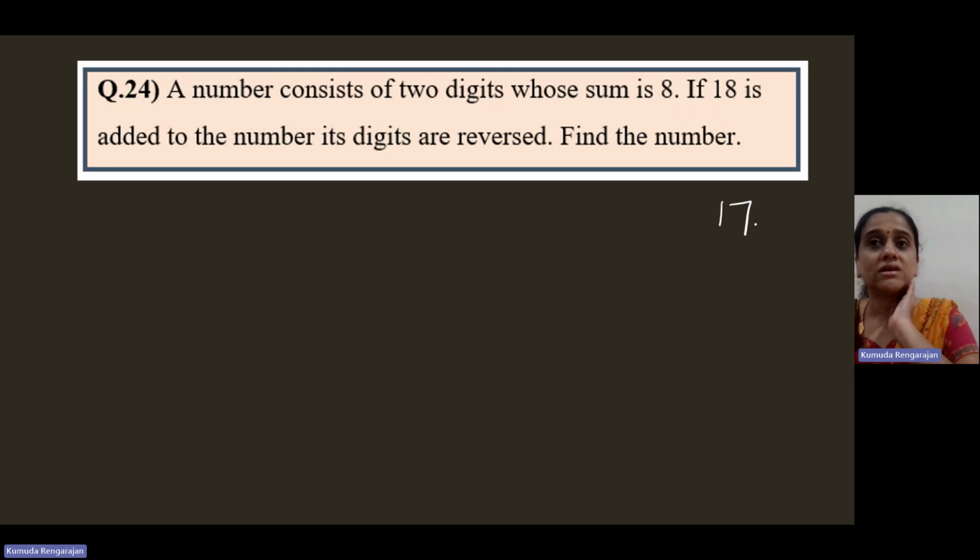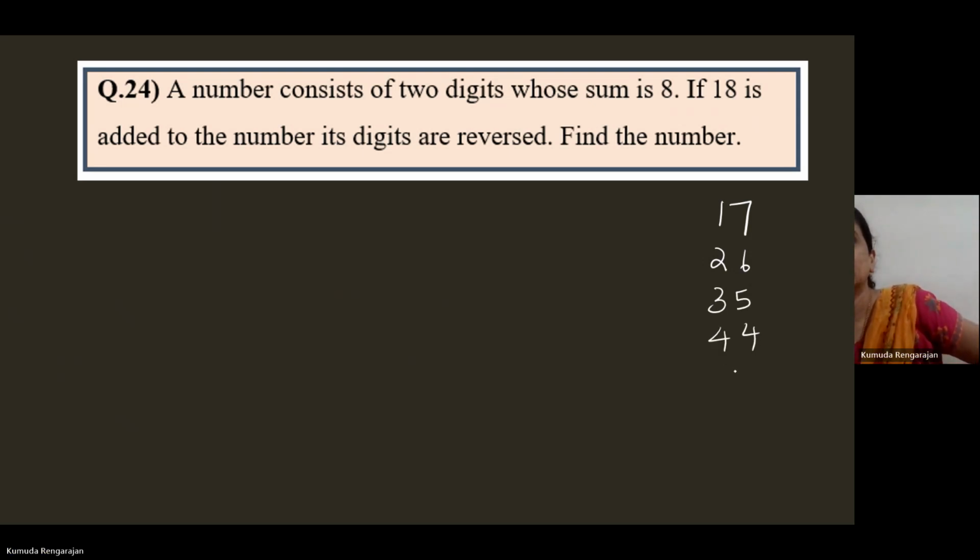So the number can be 17 because the sum of the digits is 8, or the number can be 26. 2 plus 6, 8, or the number can be 35. The number can be 44. It can be 53, 62, then 71.